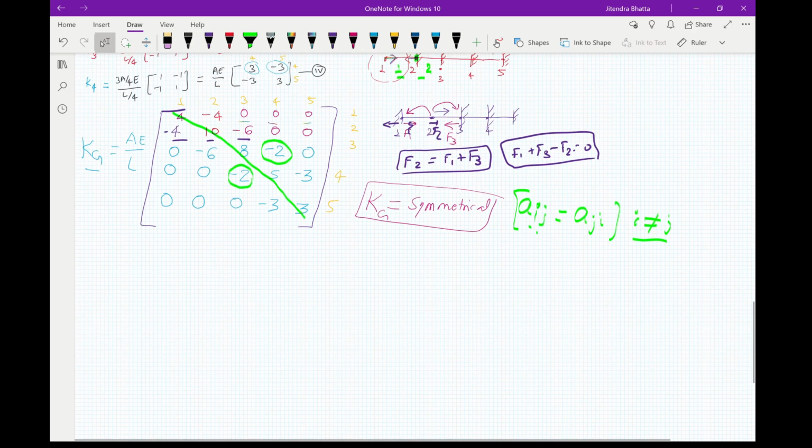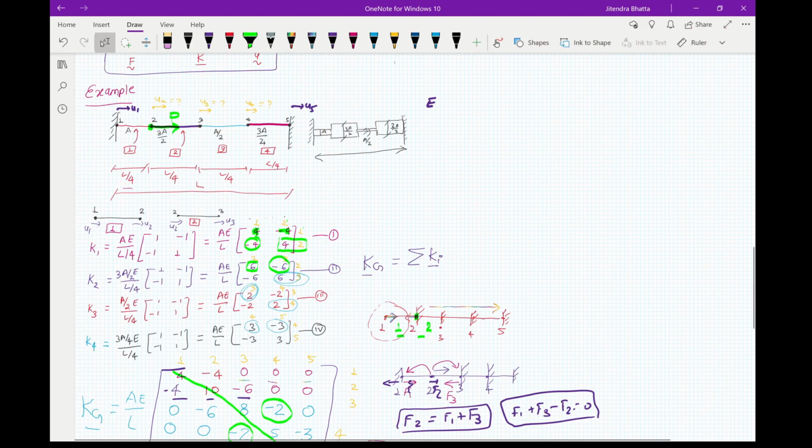Now we write our global equation. You can see here that there are 5 nodes, so there will also be 5 forces acting in this direction. So you will have your force acting here as well. Let's say F1, F2, F3, F4, and F5 in this direction.